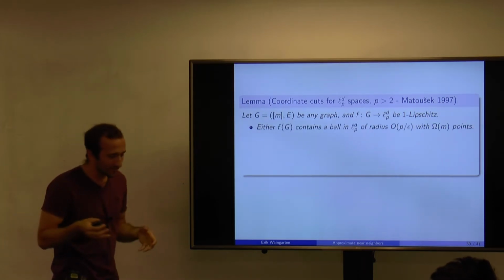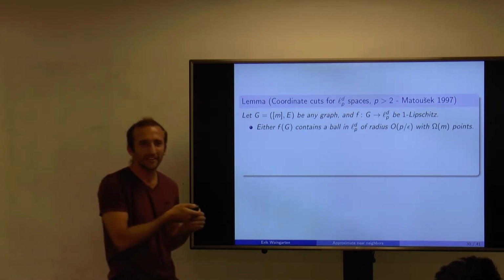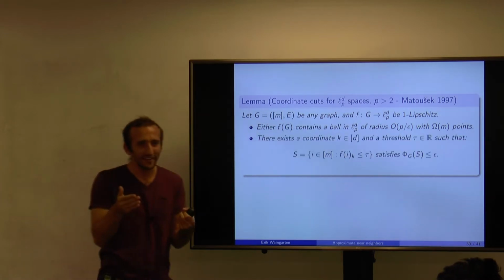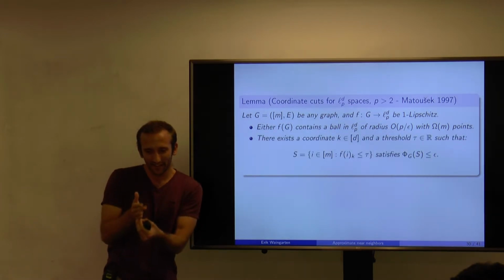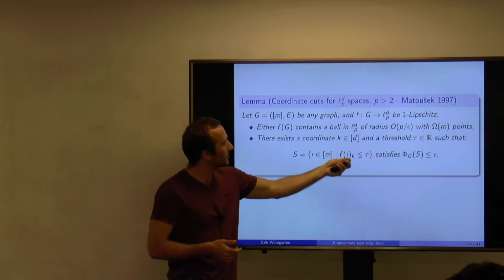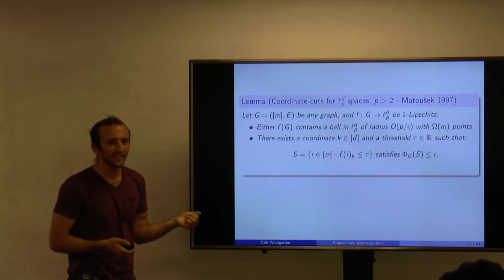Then either a constant fraction of the points are contained within an LP ball of radius p over epsilon, or there exists a coordinate and a threshold such that the cut given by considering all the points with coordinate k being less than this particular threshold has conductance at most epsilon.